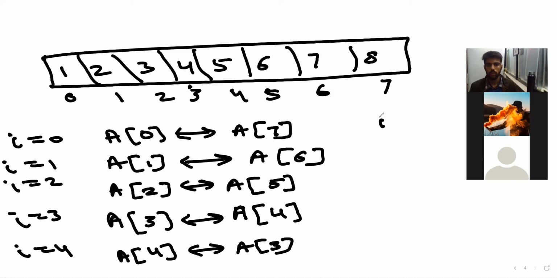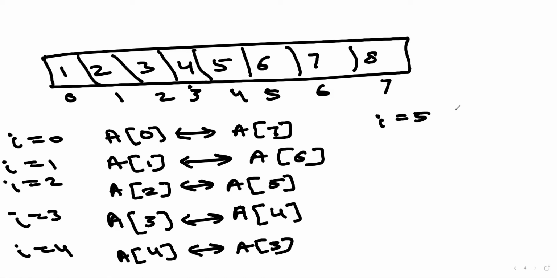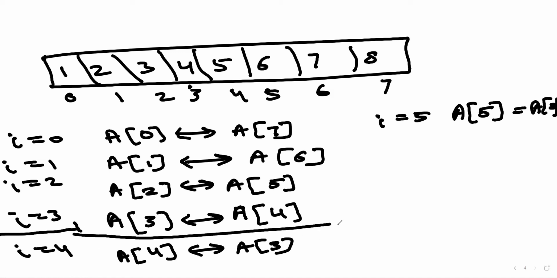And for i equals to 5, A of 5 would get swapped with A of 2. So you see, if we progress after this point, we would again be swapping the elements, which would make our whole code pointless.